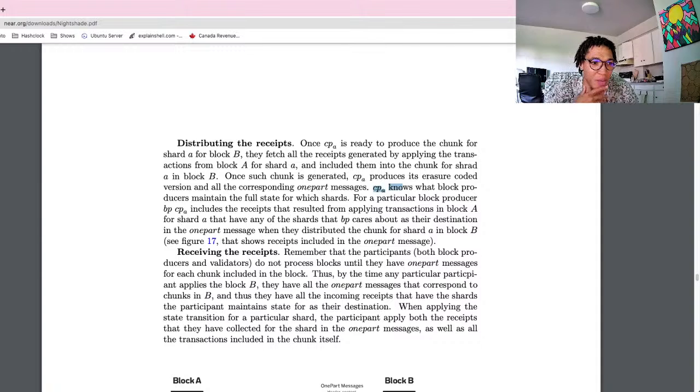For a particular block producer, the chunk producer for A includes the receipts that resulted from applying transactions in block A for shard A that have any of the shards that the block producer cares about as their destination in the one-part message when they distribute the chunk for shard A in block B. See figure 17 that shows receipts included in the one-part message.